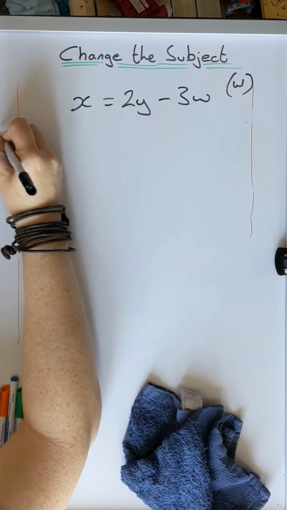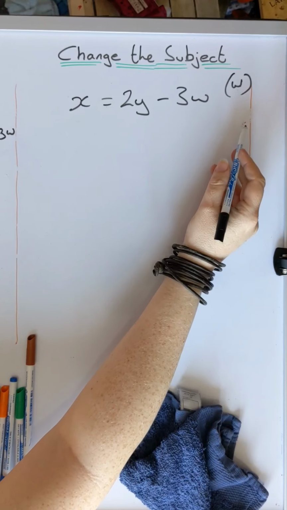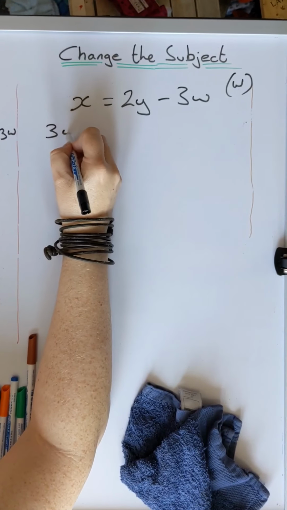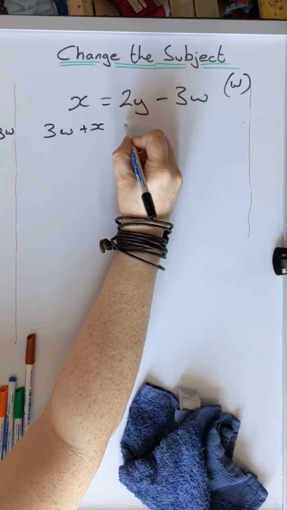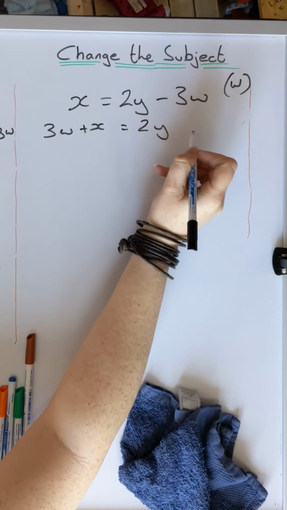So I'm going to add 3w to both sides. That gives me 3w plus x equals 2y.